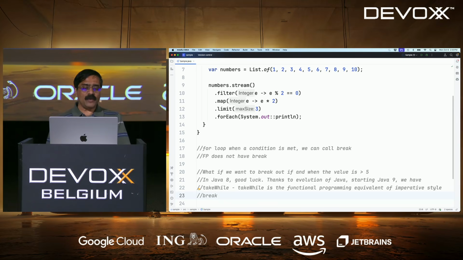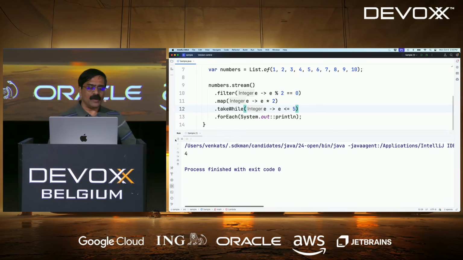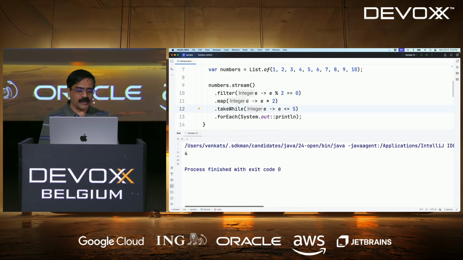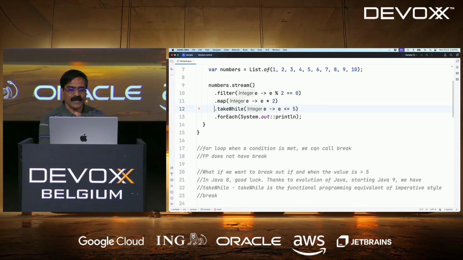So what you can do here is you can say takeWhile the element is less than or equal to 5. So when you run this code, you can see we got a 4, but without it, obviously, it's going to give us all the results. But now we are saying, I want only values that have not exceeded 5, and that becomes a takeWhile function.